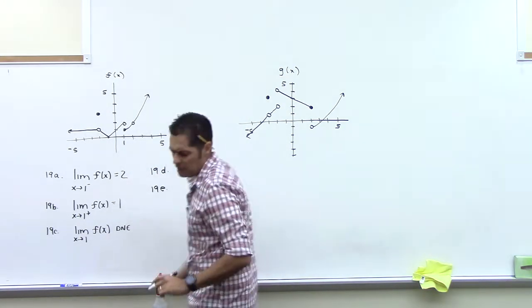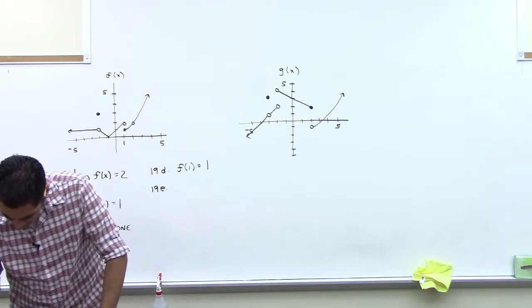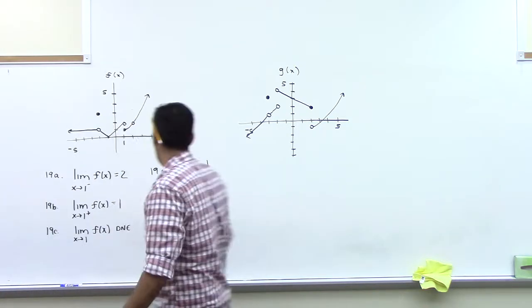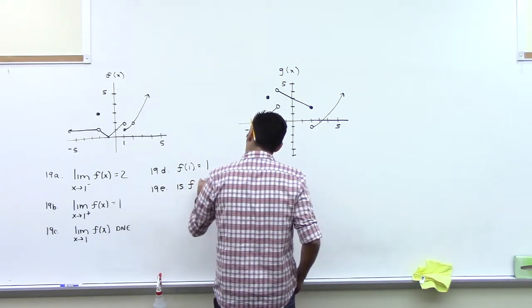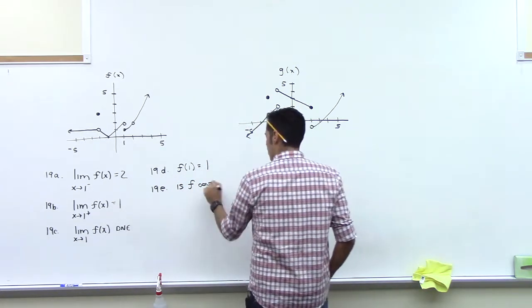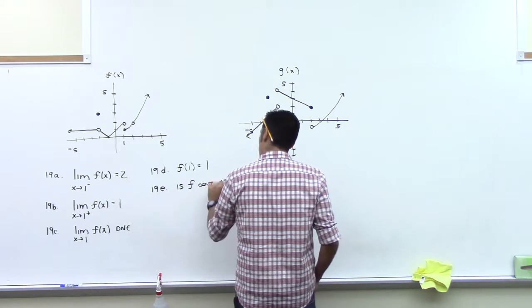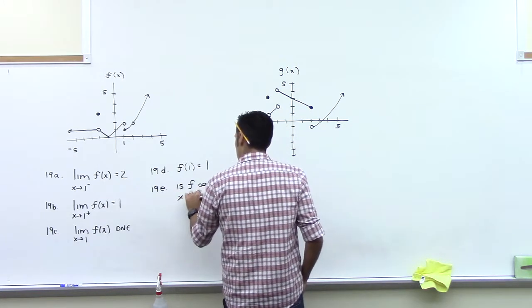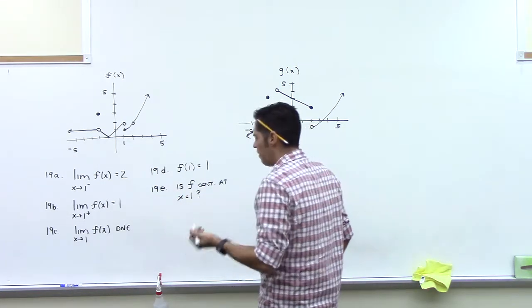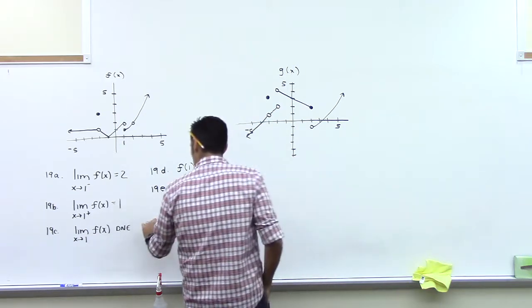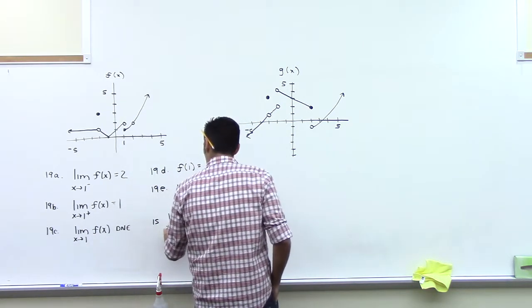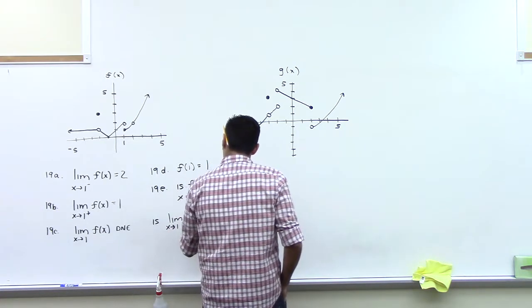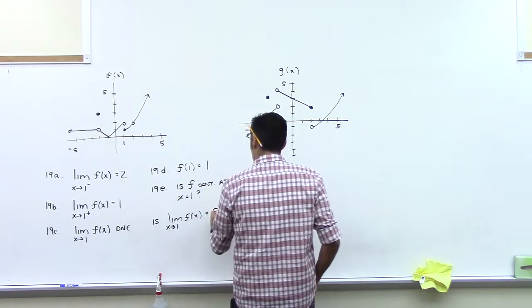All right, so the last part, part E, says, is this function continuous at x equals 1? So is f continuous, I'm going to put C-O-N-T, continuous at x equals 1, question mark. Well, we have to ask ourselves this question. Is the limit as x approaches 1 of this function equal to the function's value at 1?